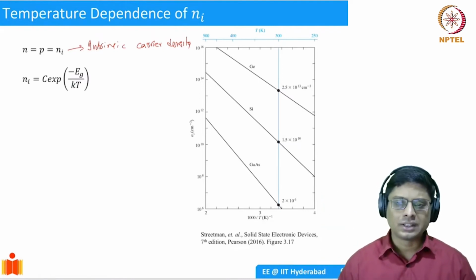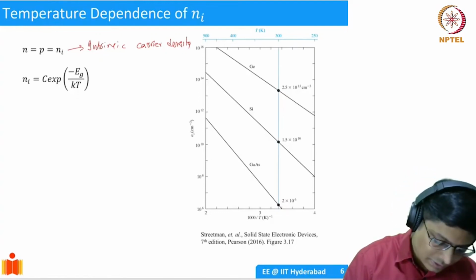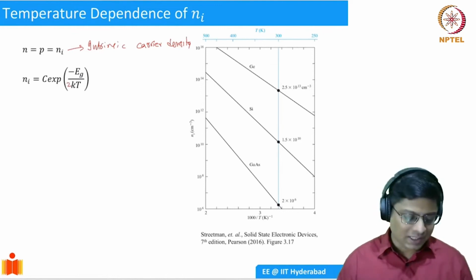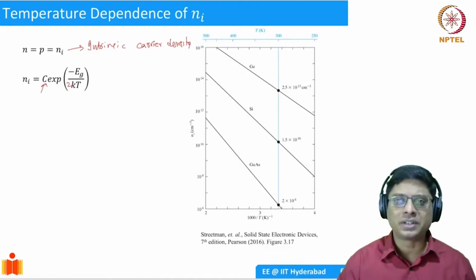Well, the exact relation is going to be slightly different. In fact, it turns out to be 2kT here. I should mention that. We will look at it one more time. Anyway, this proportionality I have removed, and I put a constant here for now. I will tell you later what this constant is.